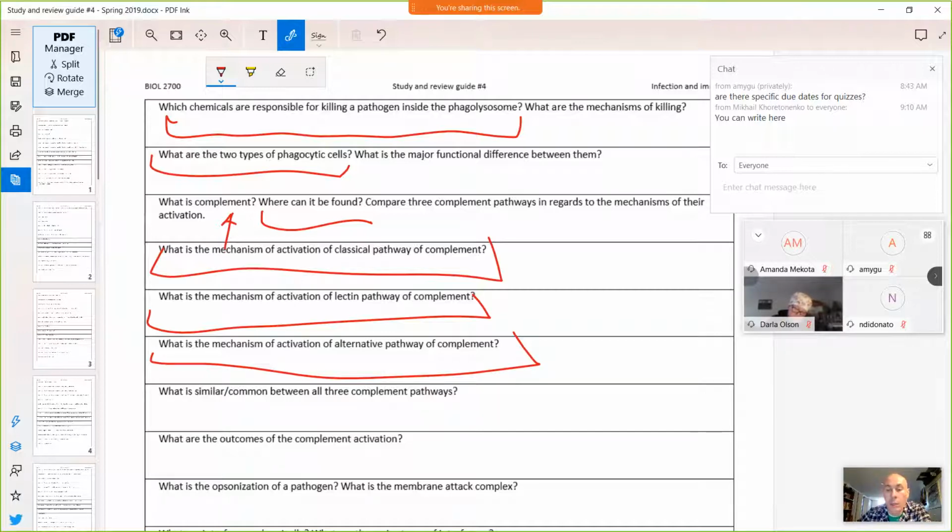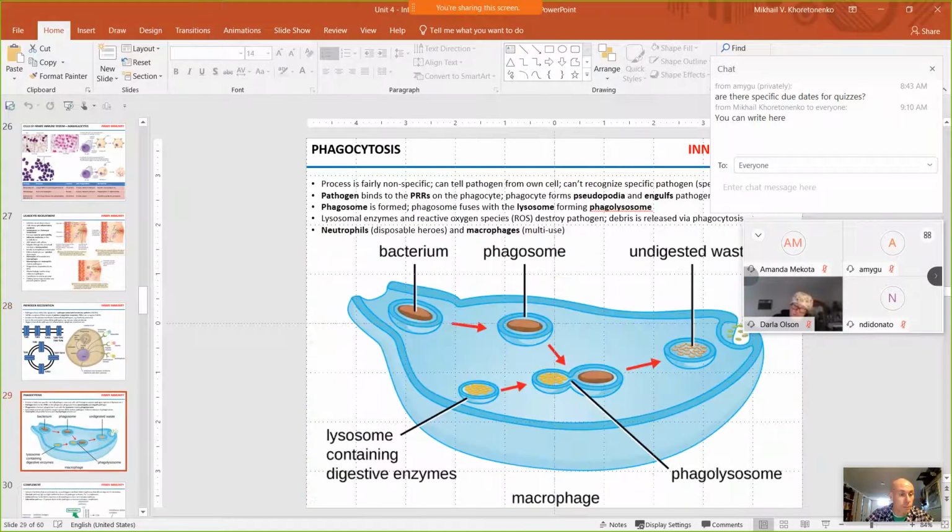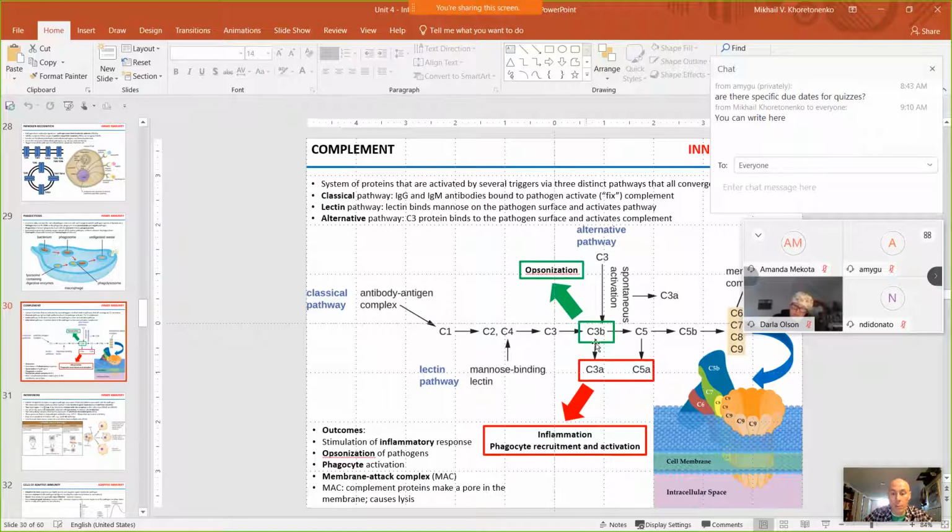So what do you need to know? Do you need to know the intermediate steps? No. You need to know the three mechanisms that activate the three different pathways. You need to know that all those pathways converge on the same molecule, which is C3b convertase. Okay?